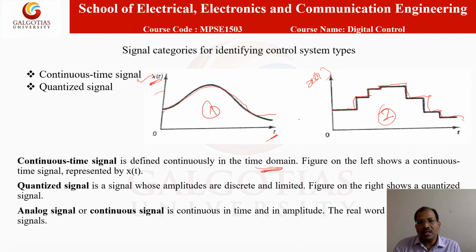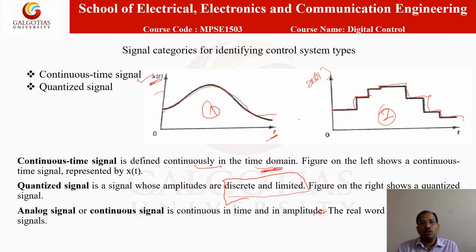So this figure is the continuous one. A quantized signal is discrete and limited in magnitude. So this figure is the quantized one. An analog signal and a continuous signal are continuous in time and in amplitude, like the first signal. So this is the representation of the signal characteristics.